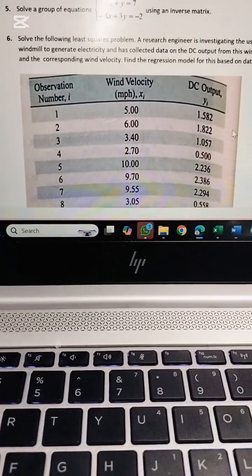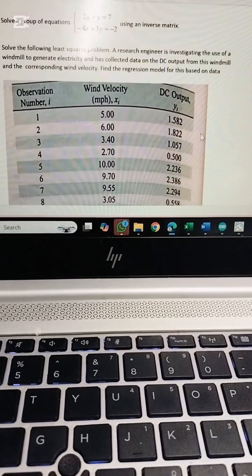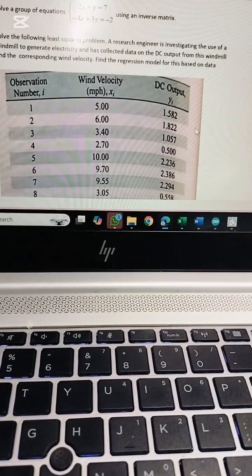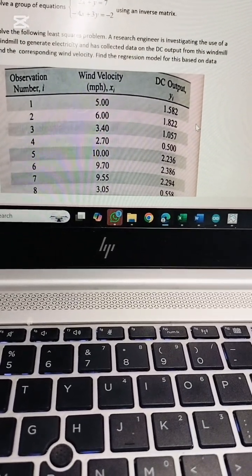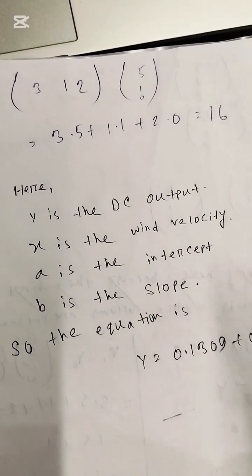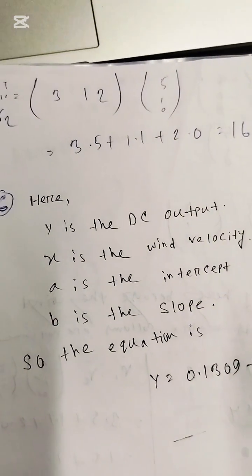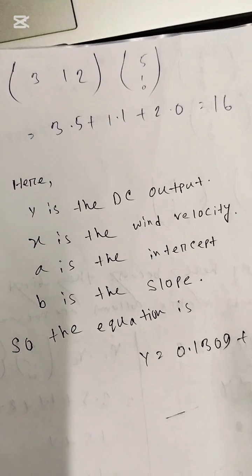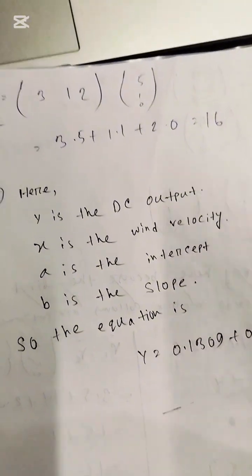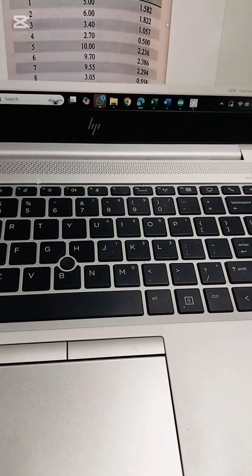For number 6, the problem was about finding a regression model based on the data. The data of the equation: y is the DC output, as we know from the following data, and x is the wind velocity.